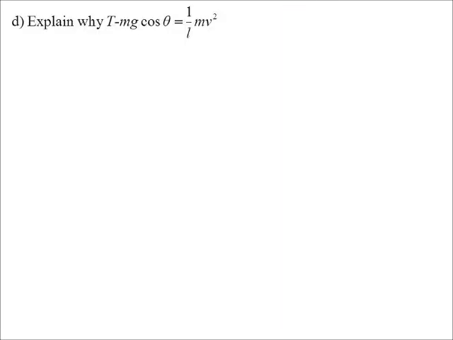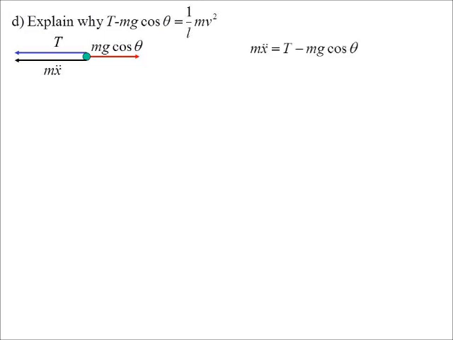Explain why T minus mg cos theta is 1 on L mv squared. And I know you love these explain questions. So all right, there's good old Bob. Remember we had tension going to the left, and mg cos theta. Let's have a look at horizontally, or what looks horizontally. The resultant force would be going to the left, but the resultant force would be the circular motion, because it's going towards the centre.